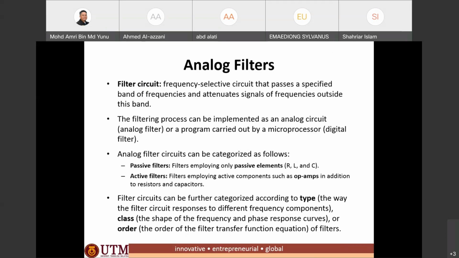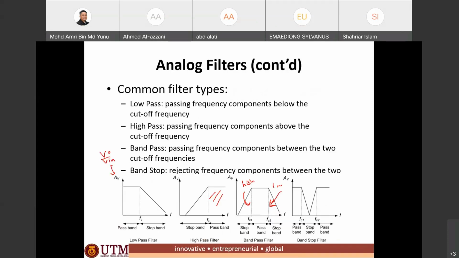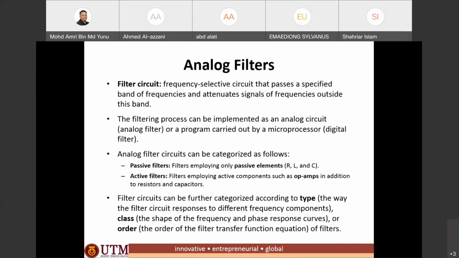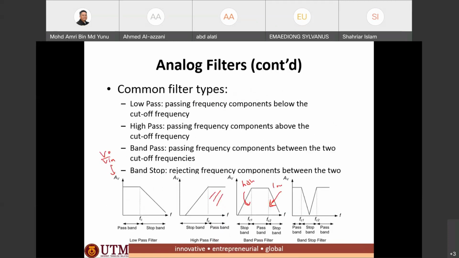Passive filters employ only the resistor, inductor, and capacitor, but for an active filter, we combine with an operational amplifier. Filter circuits can be categorized according to type, class, and order. In this part we will only look into the active filter.